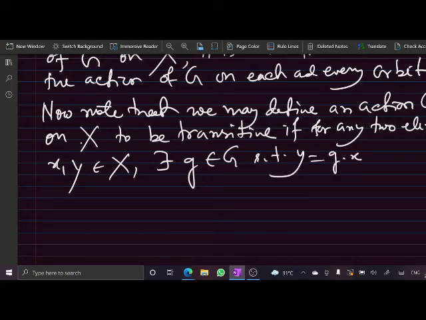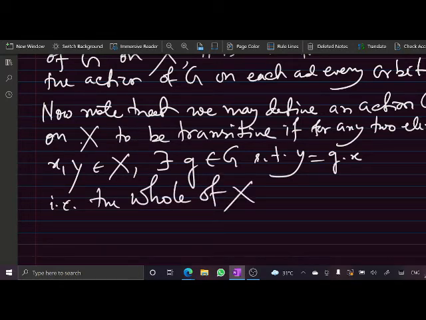Okay, that is, the whole of X is the only orbit, right?